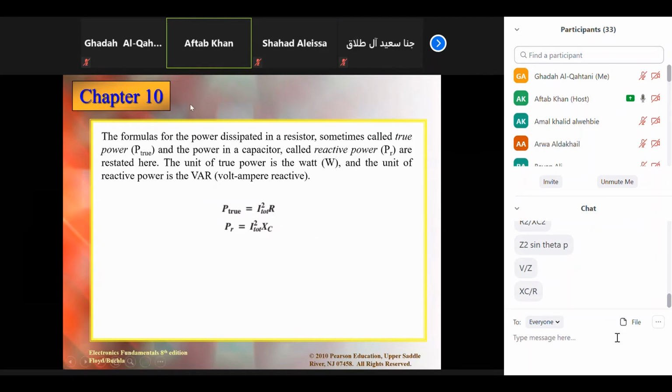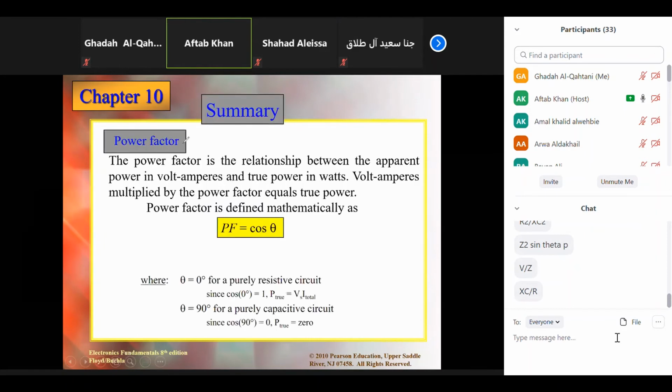Next thing is power factor. What is a power factor? Power factor is a relation between apparent power, which is in volt ampere, and true power in watts. Volt amperes multiplied by the power factor is equal to true power.